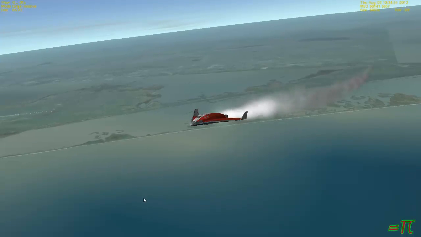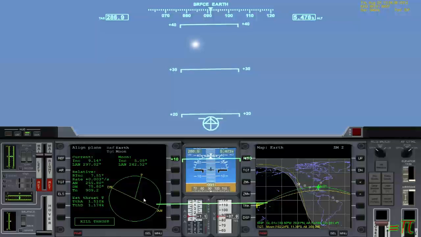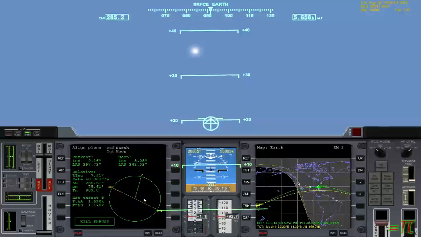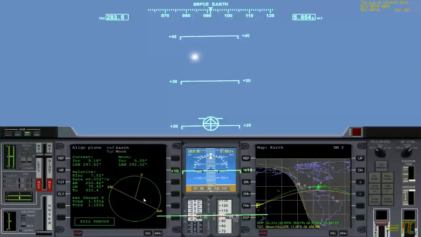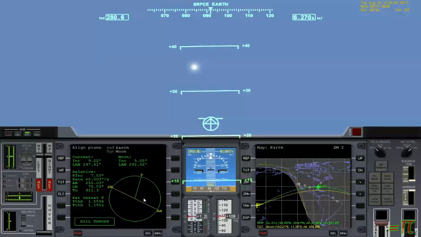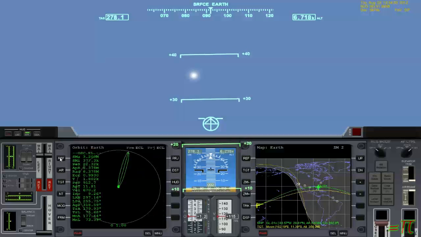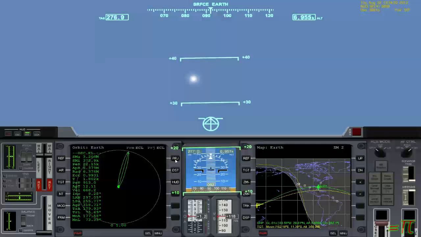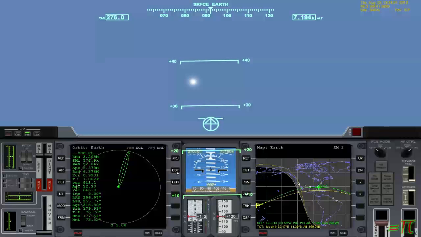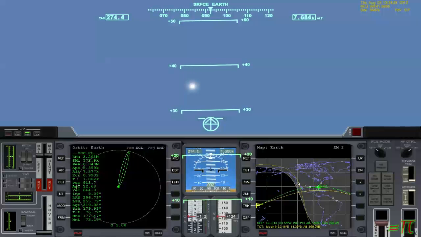On course. Climbing like crazy. 5 kilometers altitude and climbing. Go ahead and show our orbit as it's beginning to take shape.